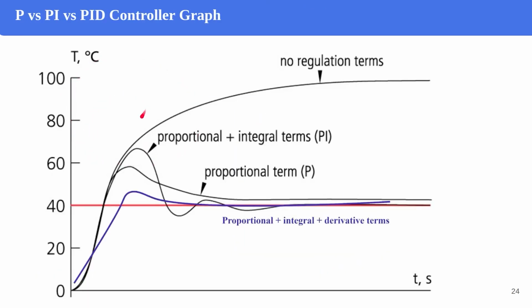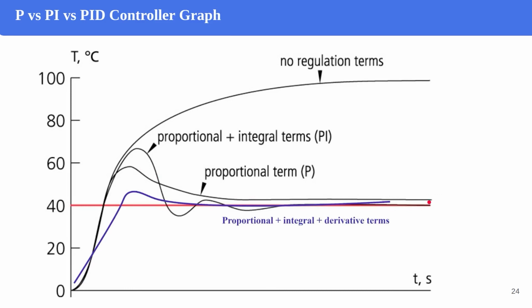This figure shows the difference between P controller, PI, and PID controllers, and actually when we don't use any controller. As you see, the error is very high when we don't use any regulation terms, any controllers. When we use a P controller using the proportional term, that you see in this curve here, there is a small error.